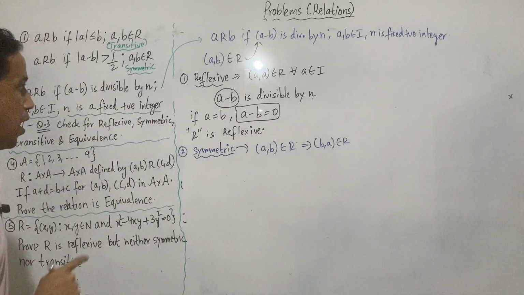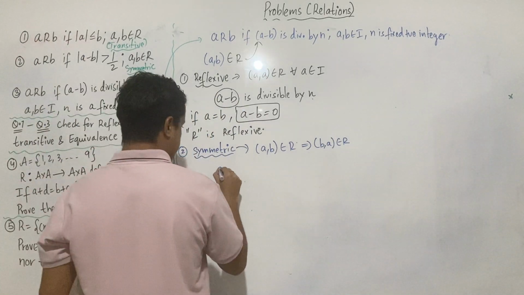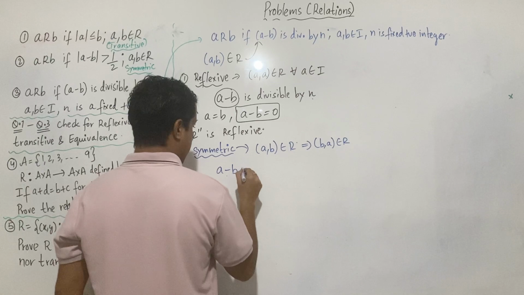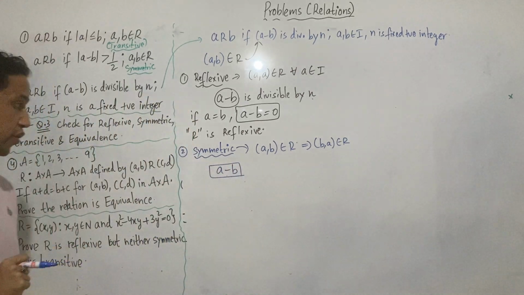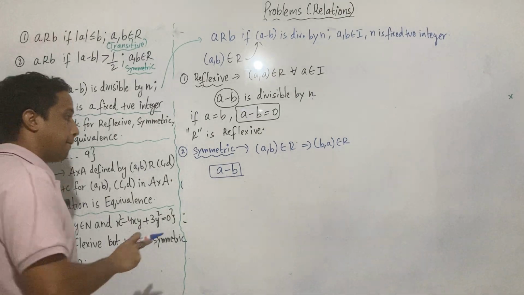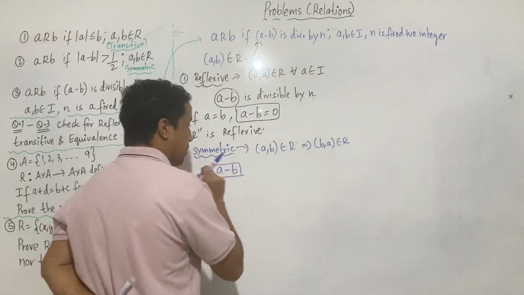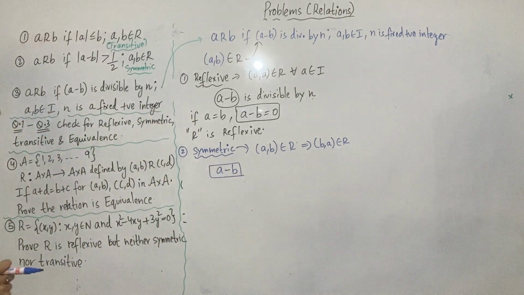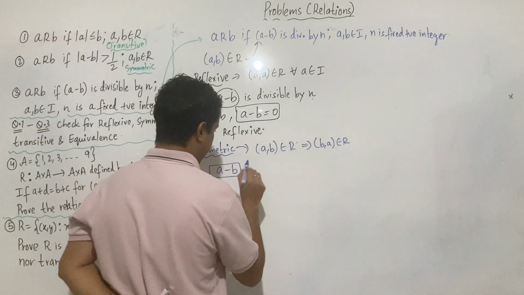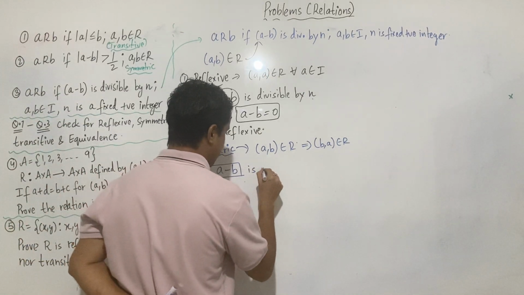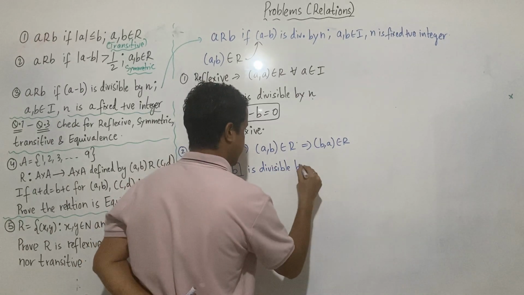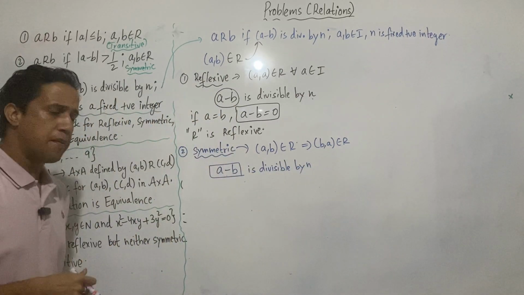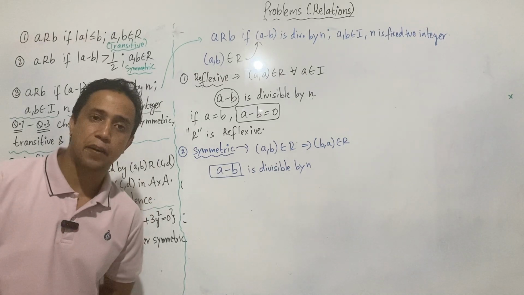And here the main thing given to us is that A minus B must be divisible by n. So if A minus B is divisible by n, then B minus A is also divisible by n.